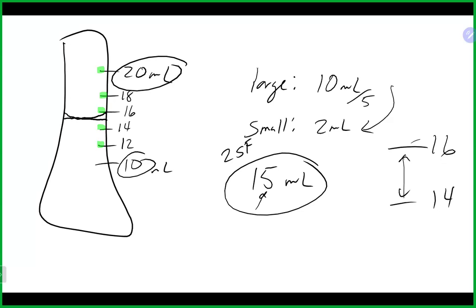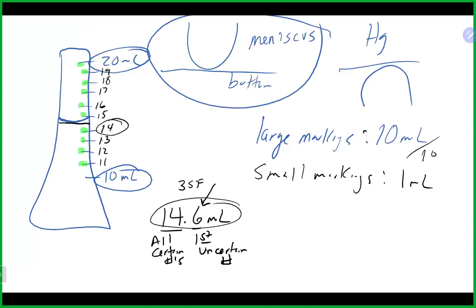So it is really important to look at the scale. It may be different depending on the piece of equipment that you're using. Any questions on that? Now, in general, you usually could go to one more place to the right of the smallest marking. This is an example where you can't do that. This is an example you could do that.